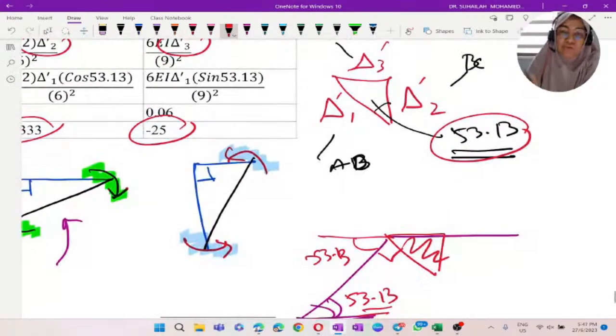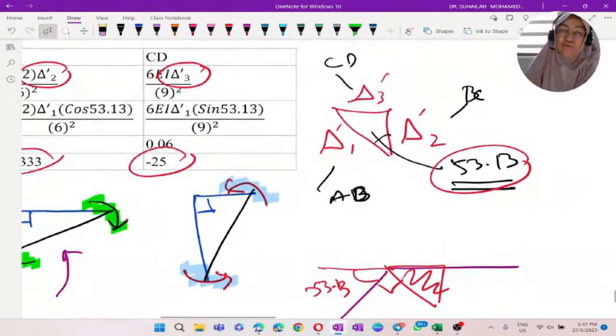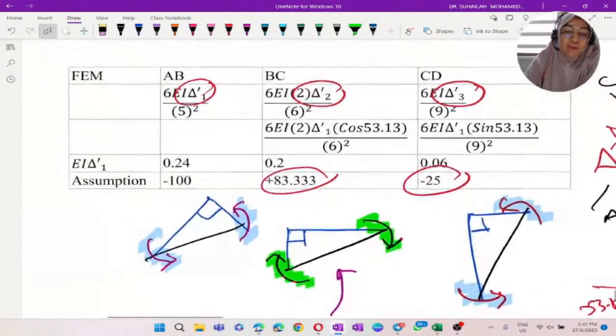So from this triangle, we can have a relationship between delta 1 prime and delta 2 prime, and delta 3 prime and delta 1 prime, so that we can fulfill this table.